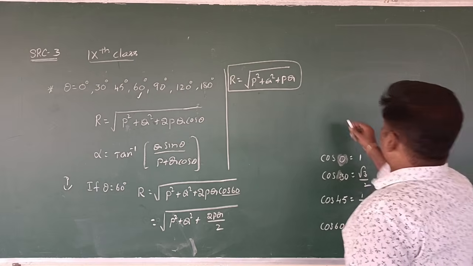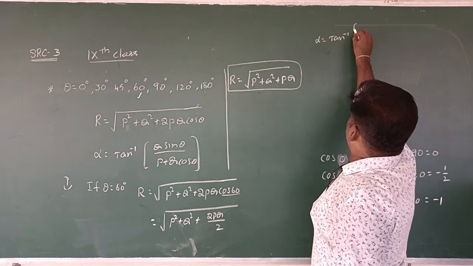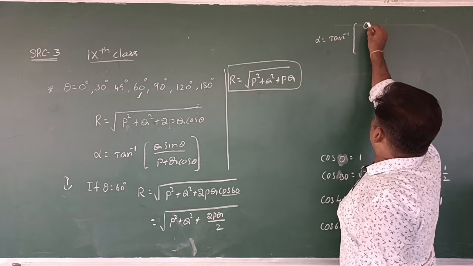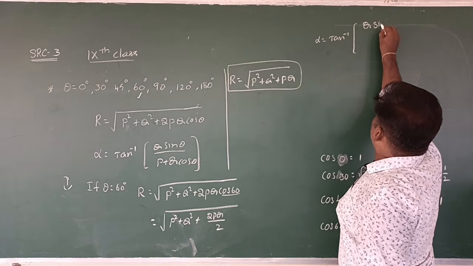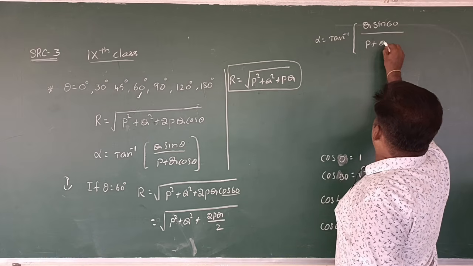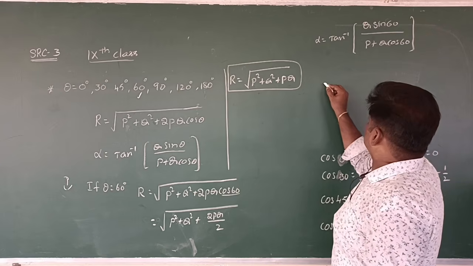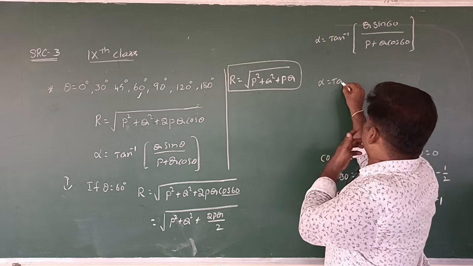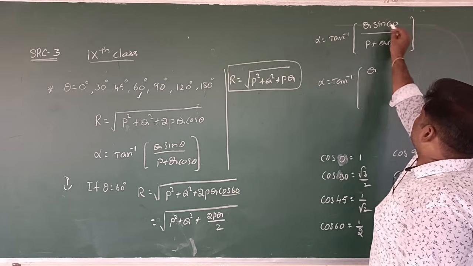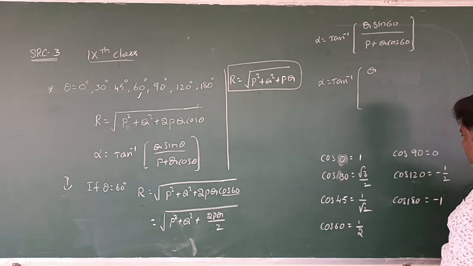Now alpha is equal to tan inverse of Q sin 60 by P plus Q cos 60. This is the substitution. Then proceeding, the value of sin 60 is not given here, I will write it now.